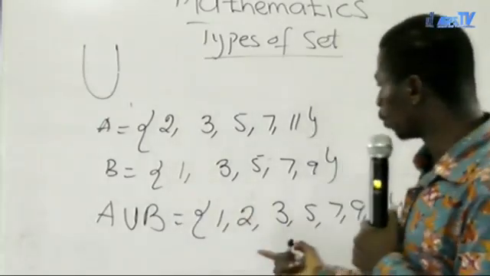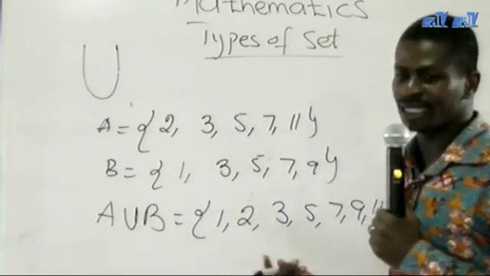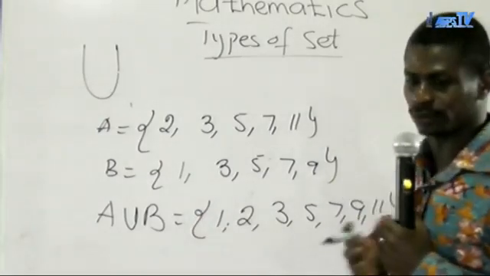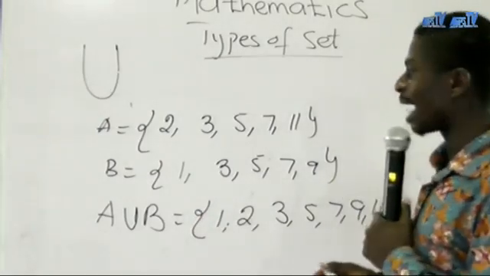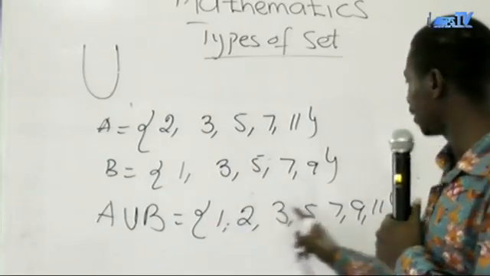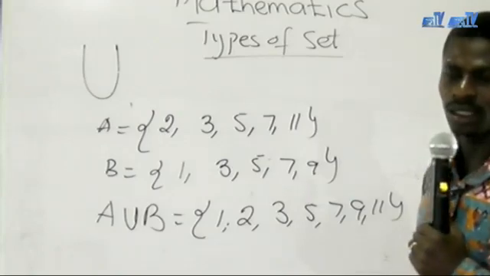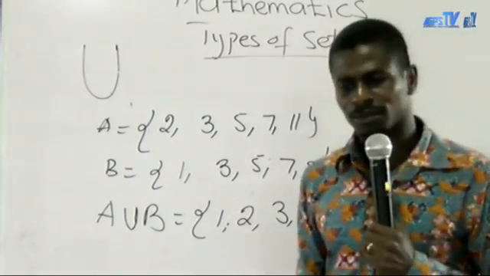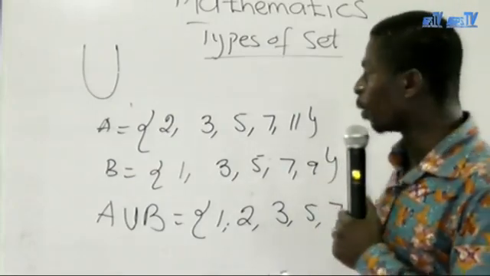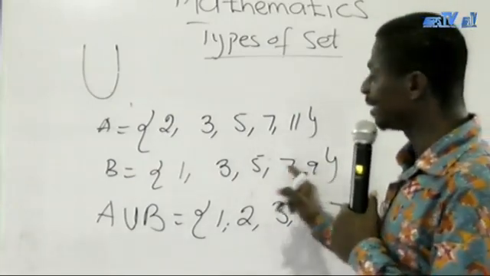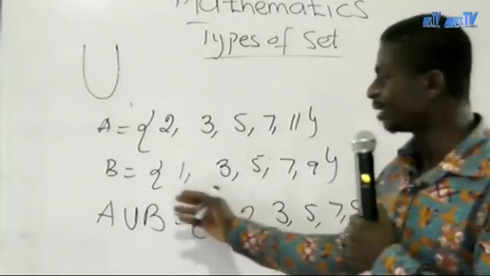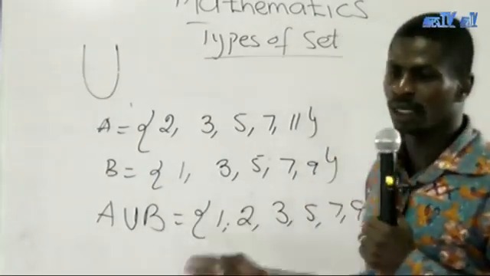If you have also noticed, I have written all the numbers in ascending order of magnitude. In ascending order, I simply say that the numbers are arranged from the lowest to the highest. It is also not wrong when you decide to arrange your sets in descending order, that is, from the highest to the lowest.